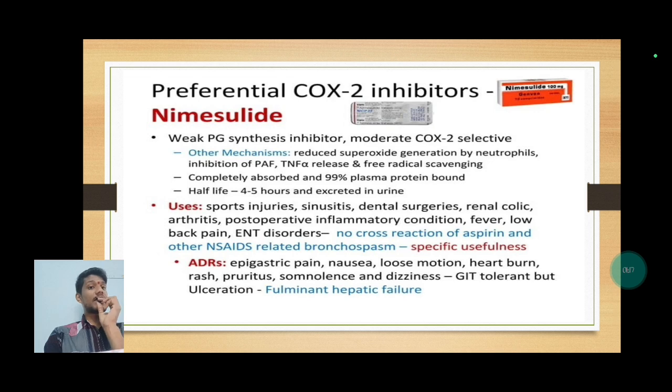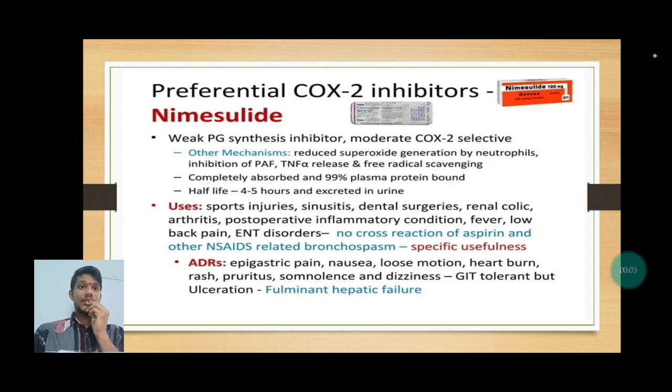This is a specific usefulness of nimesulide. The ADRs are epigastric pain, nausea, loose motion, heartburn, rash, pruritus, somnolence, and dizziness. It is GIT tolerant, but fulminant hepatic failure is the main ADR related to the COX-2 inhibitor nimesulide.